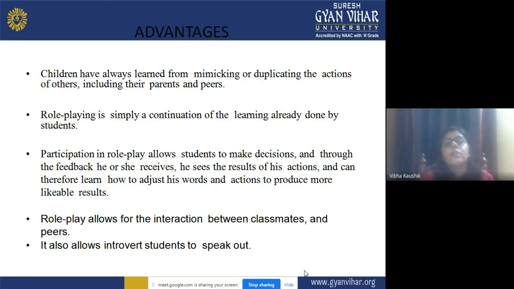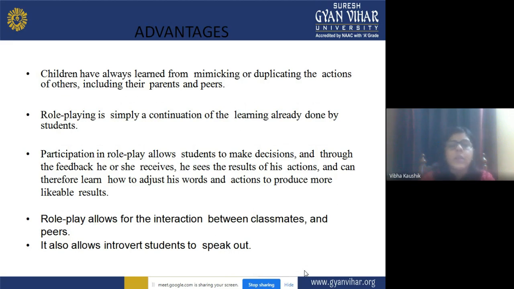Now, what are the advantages of role playing? Children always learn from mimicking or duplicating the actions of others, including their parents and peers.